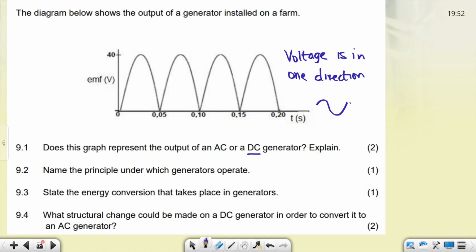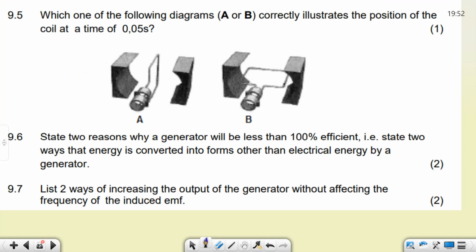Which structural change should be made on a DC generator in order to convert it to an AC generator? How do we convert a DC generator to an AC generator?